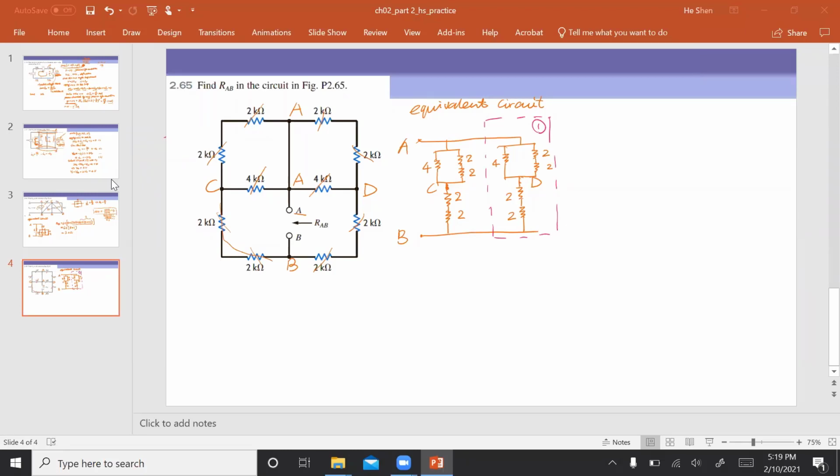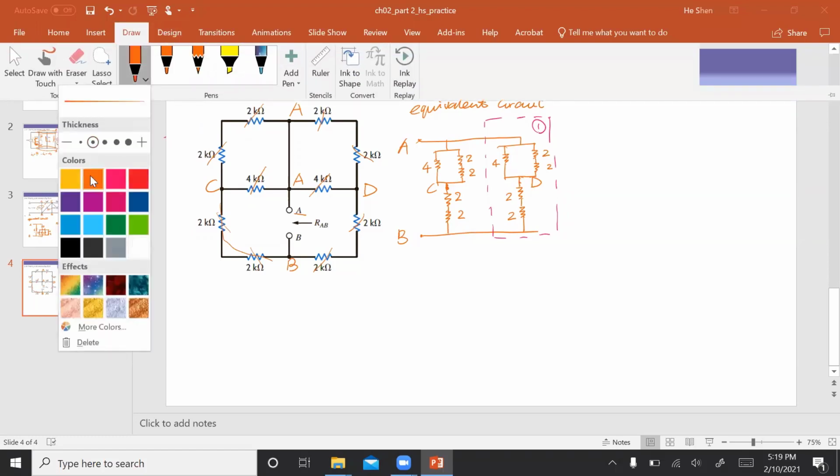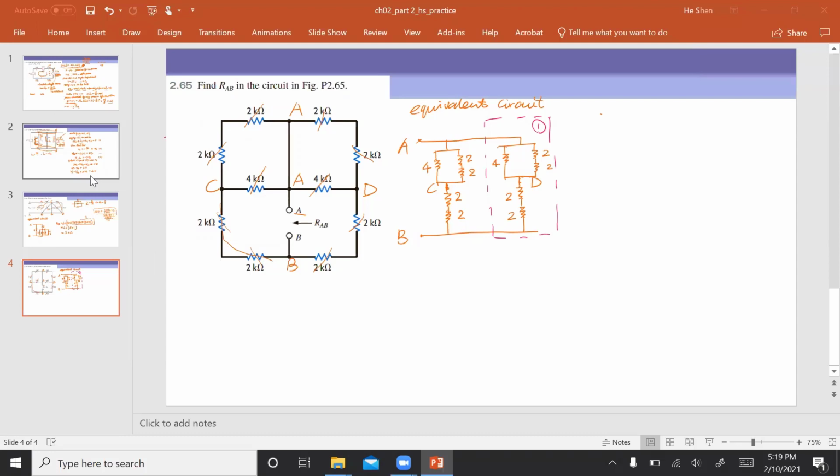So the resistance for block 1 is equal to, we have this 4 in parallel with 2 and 2 in series, which equals 2 in series with 2 and 2, right? 6.